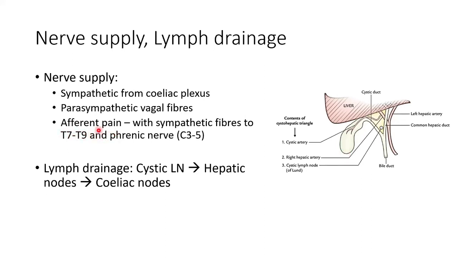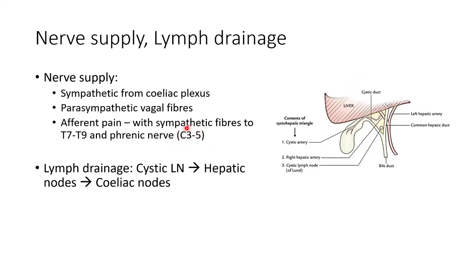Then pain, it travels along the sympathetic fibers to the T7 and T9 area. So the pain arising from the gallbladder is felt along the T7 and T9 dermatomes, right? Usually in the right hypochondriac region. And also there is an afferent pathway from the phrenic nerve.